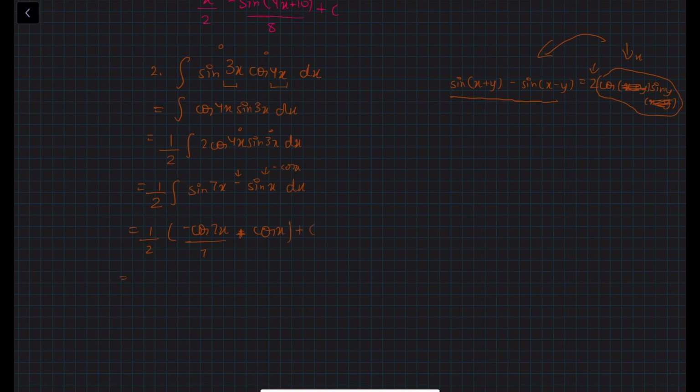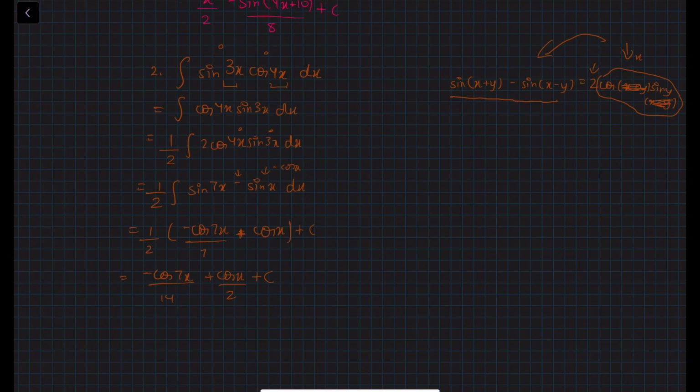And now I'm just gonna, well, multiply it out. Negative cosine 7x over 14 plus cosine x over 2 plus c. And yeah, that's the answer, I believe.